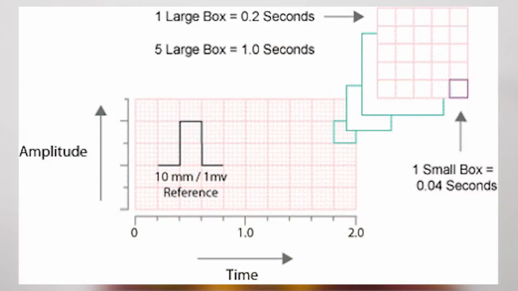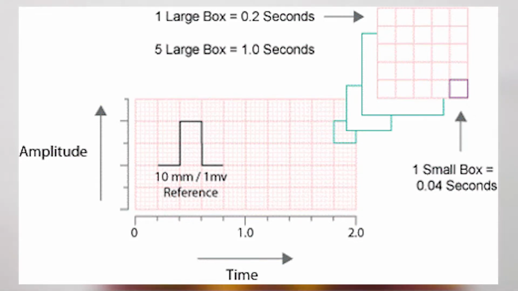Now we can see the electrocardiographic grid. The electrocardiographic paper on which the ECG is recorded is a graph paper with horizontal and vertical lines present at 1 millimeter intervals. A heavier line is present at every 5 mm large square.